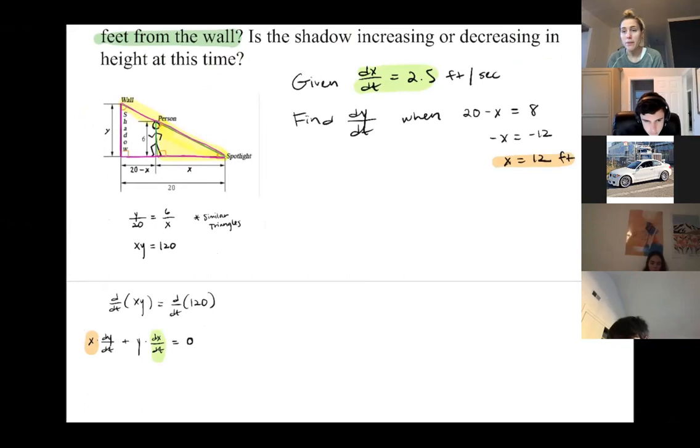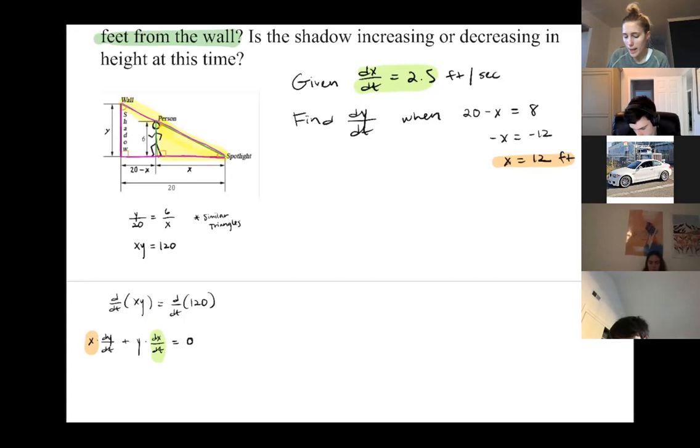We're solving for dy over dt, but we're missing y still. And if you remember from the ladder example last time, when we were missing a value, we just used the equation or the relationship that we came up with between the variables to solve for that other value at that particular moment in time.